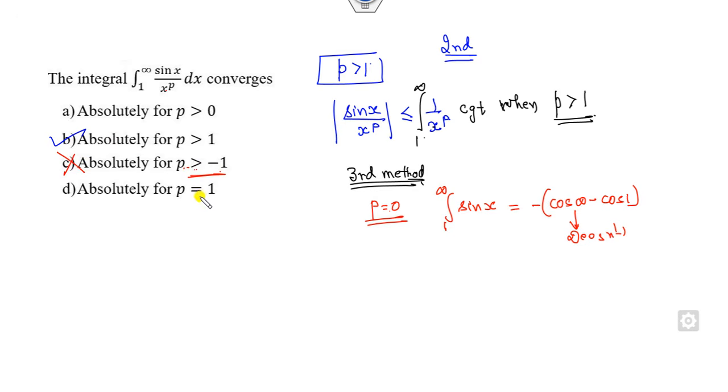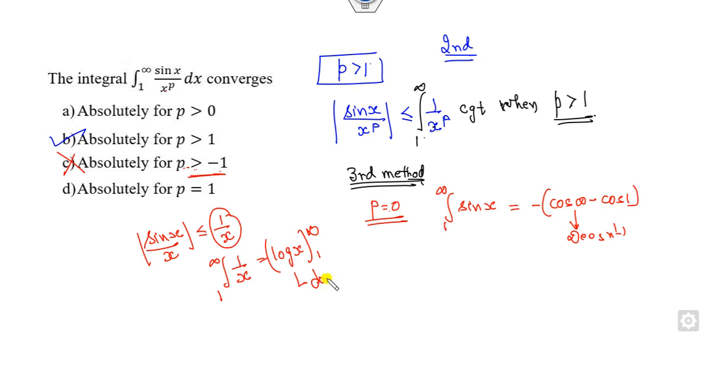When p is equal to 1, it is sine x over x. When you integrate from 1 to x, it is log of x. Log of infinity does not exist. So p is equal to 1 is also not satisfied for this case. So it is satisfied only for B.